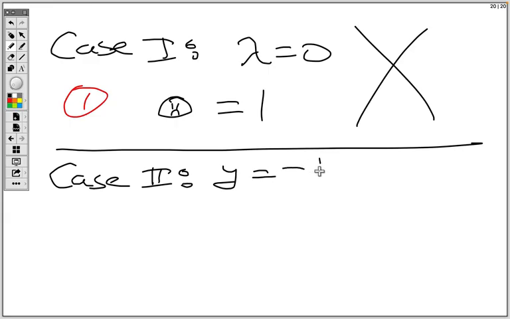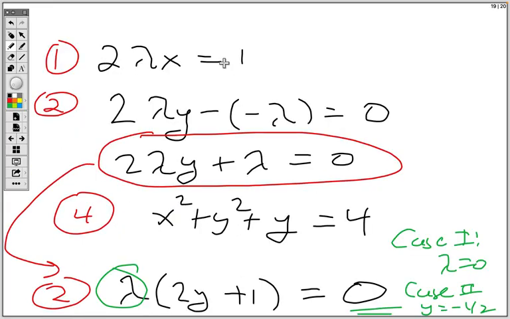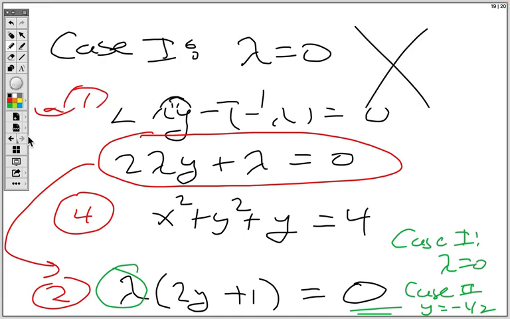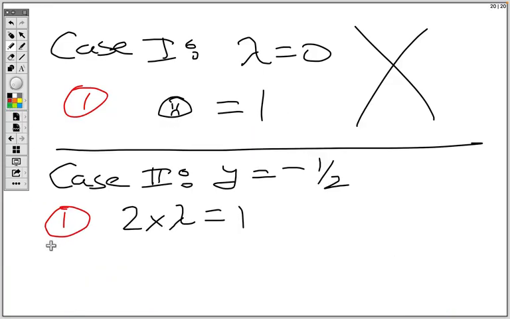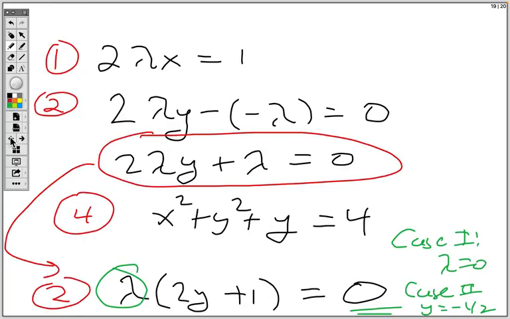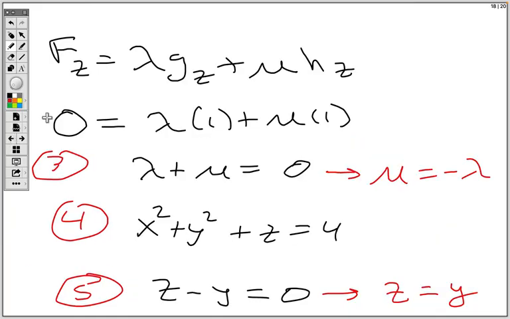Case 2, y is minus a half. That's not going to do anything for equation 1, because equation 1 just has x and lambda in it. Equation 2 is where I got that from, so that's going to be fine. Let's look at what equation 3 has in store then. So we go back to equation 3.